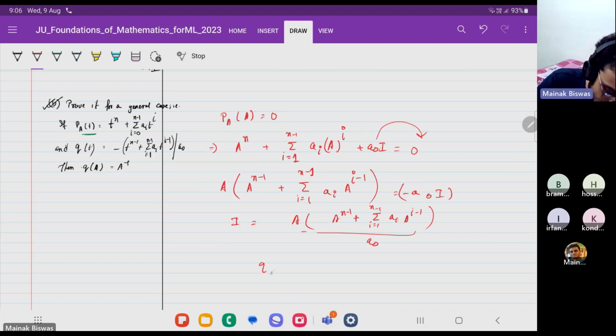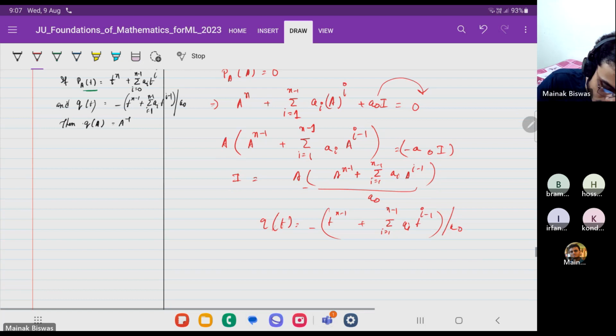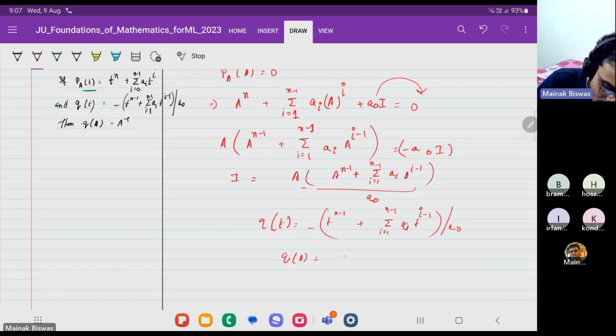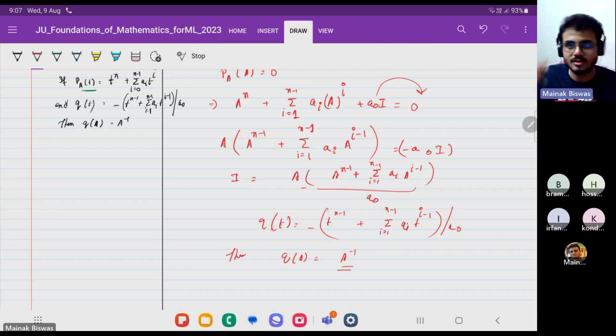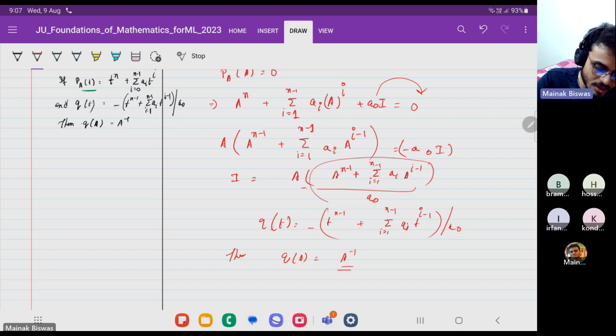If we write a polynomial q(t) equal to t to the power n minus 1 plus summation of i equal to 1 to n minus 1 of a_i t to the power i minus 1, divided by a0, then q(A) is equal to A inverse, right? Correct? Just taking A common and expressing this in terms of a polynomial.